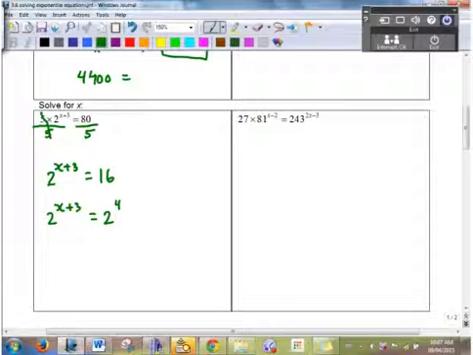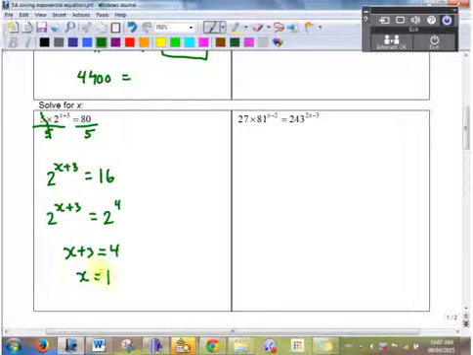And if 2 to some power equals 2 to some power, then this power on the left has got to be equal to that power on the right. What's x? Yeah. Okay, you can use logs if you want. Hopefully you get the same answer. You should.